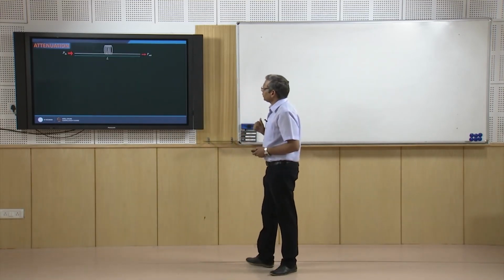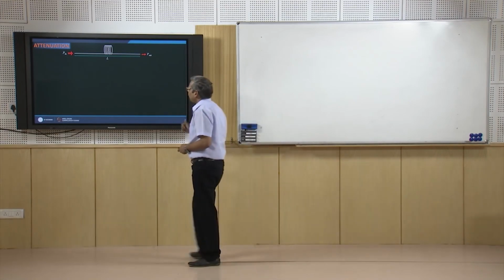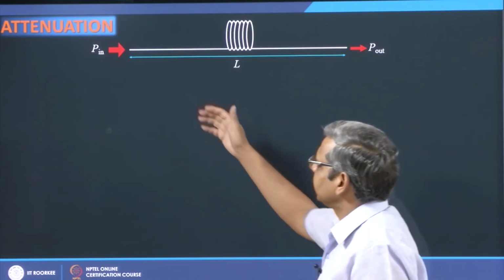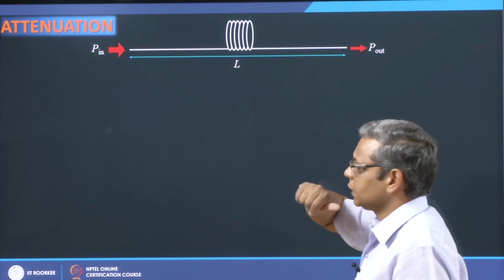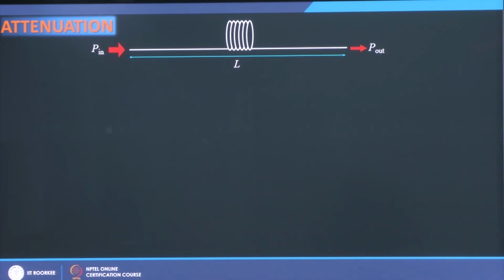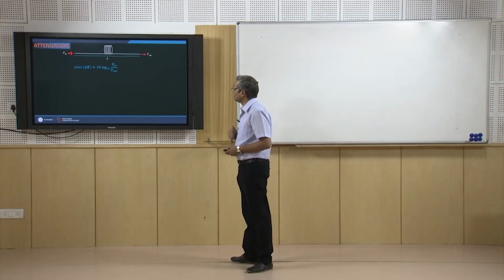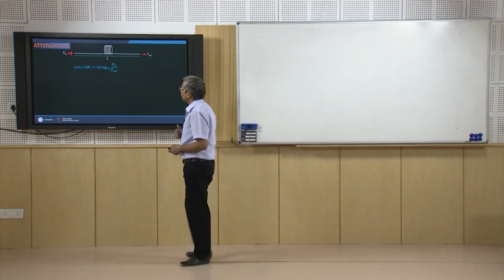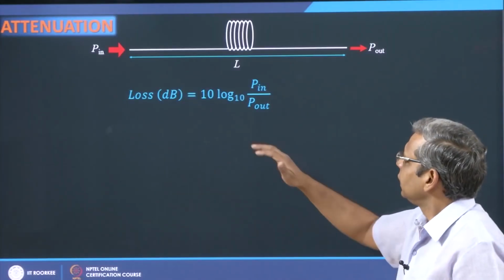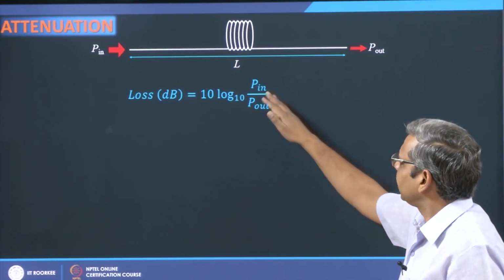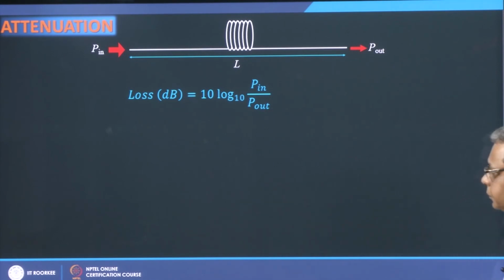So, what is attenuation? If the power at the input end which I send through an optical fiber is P in, and the power that I receive at the output end is P out, then I define the loss of this fiber through length L, in dB units, as 10 times log at base 10 of P in over P out.